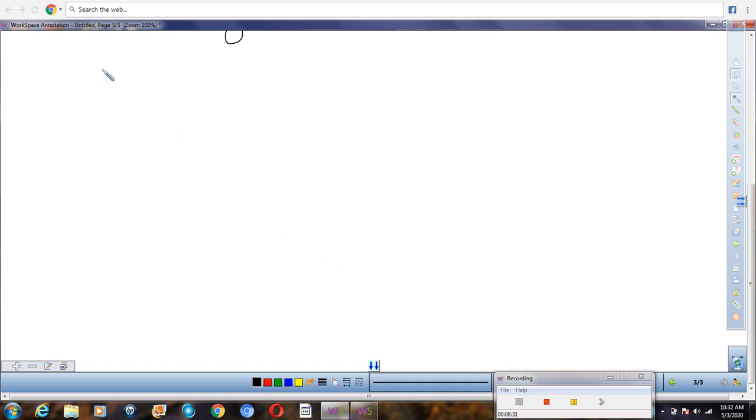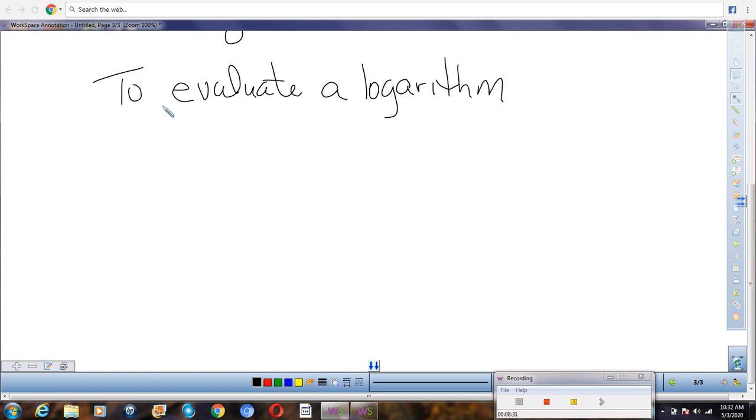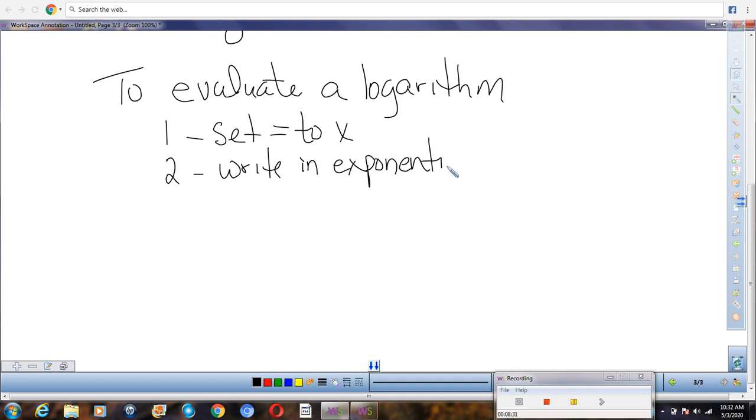So, to evaluate: step 1, I'm going to ask you to set it equal to x. Step 2, I want you to write it in exponential form. Step 3, determine a similar base.